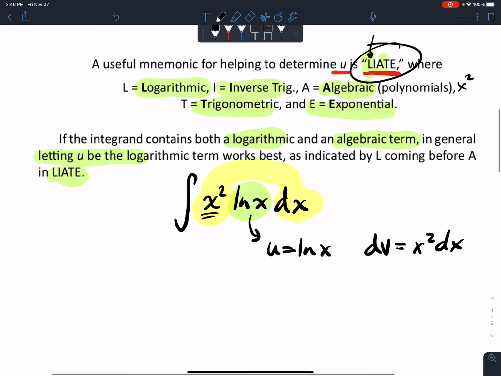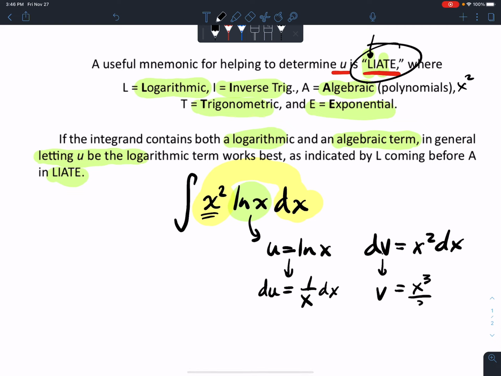If I take the derivative of this, du is 1 over x. And dv, integrated into v, gives me x cubed over 3.